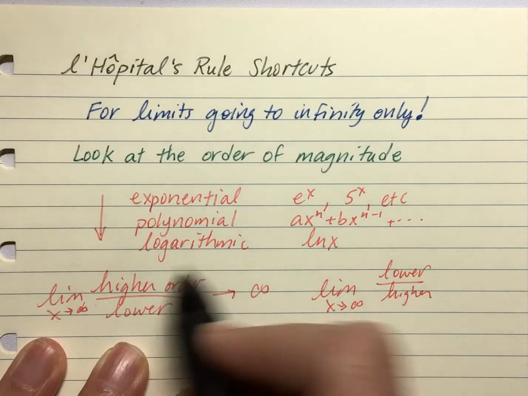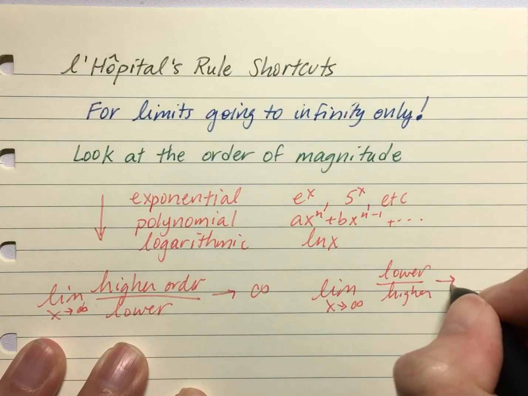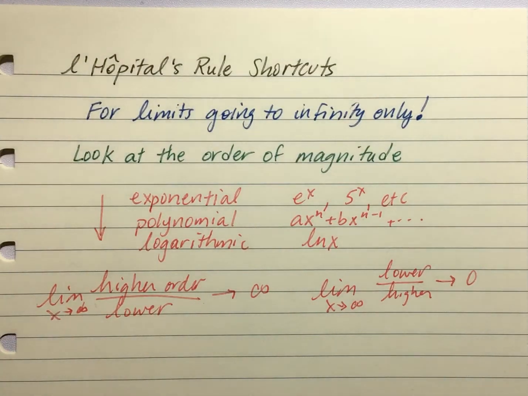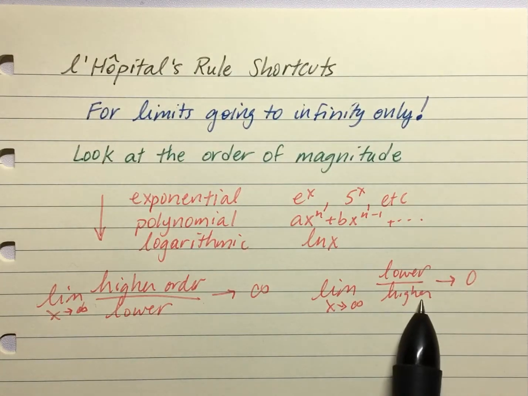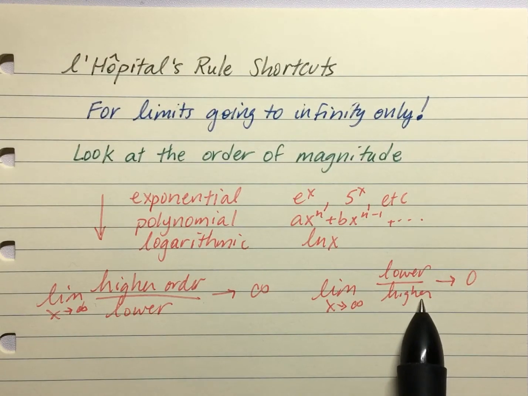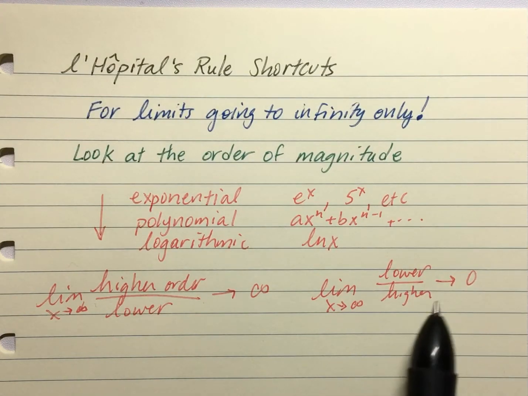I'm not going to write order of magnitudes out because it's too long. That would go to 0, because say you have an x over an x cubed. If you use L'Hopital on that, you would get a number on the top and still have x's on the bottom.